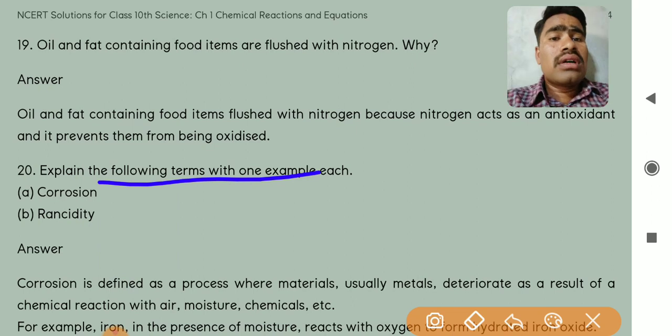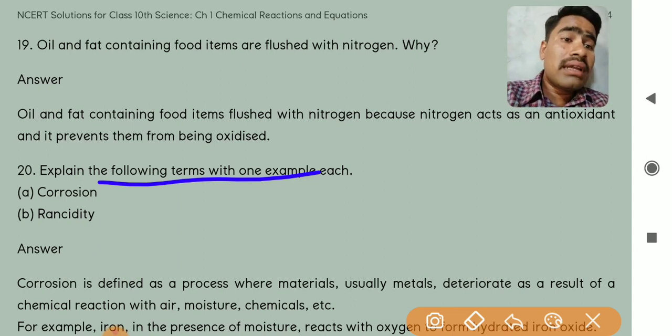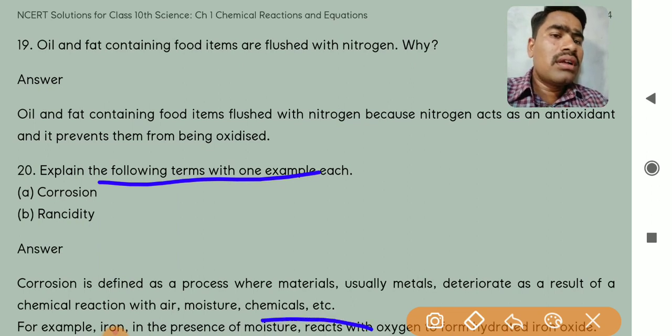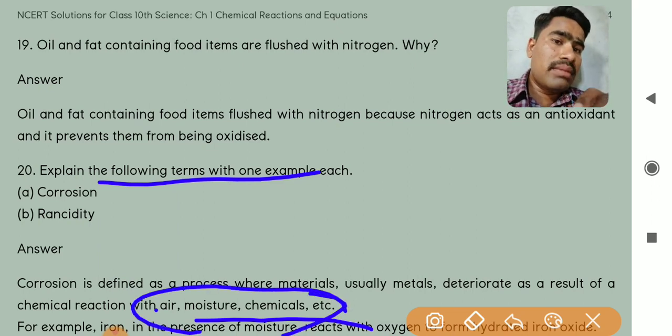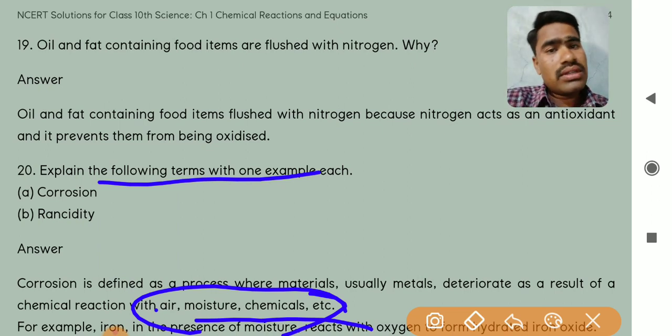So corrosion is the process where materials, mainly metals, deteriorate, meaning getting decayed or damaged, as a result of chemical reaction with air, moisture and chemicals. There are three factors which can cause the deterioration of metals especially, and these three factors are air, moisture and chemicals. These are the factors which can cause corrosion.